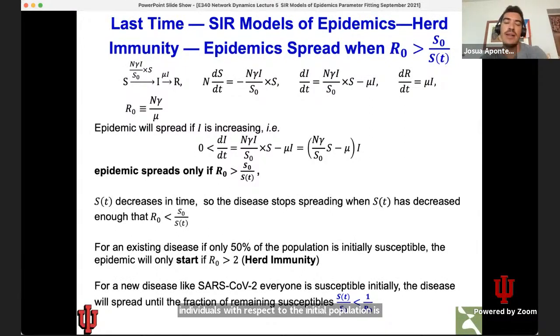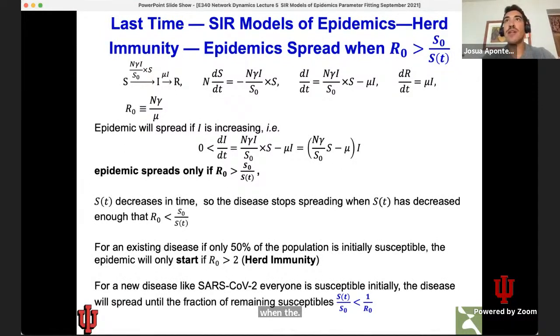These are important indicators because they tell us what the dynamics of the epidemic are.